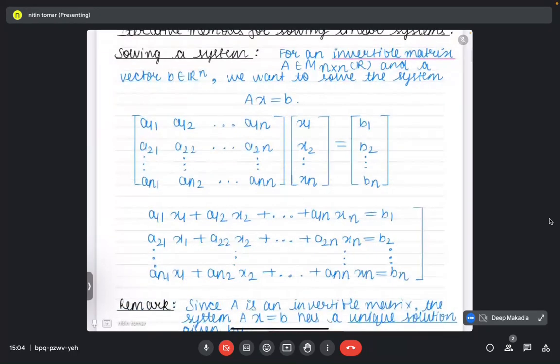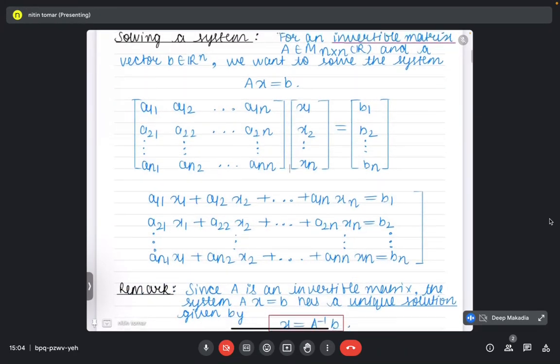amounts to solving n linear equations in n variables. We obtain these linear equations by multiplying Ax as per the matrix multiplication rule, and you will have a column vector with n rows. You equate each row with b.